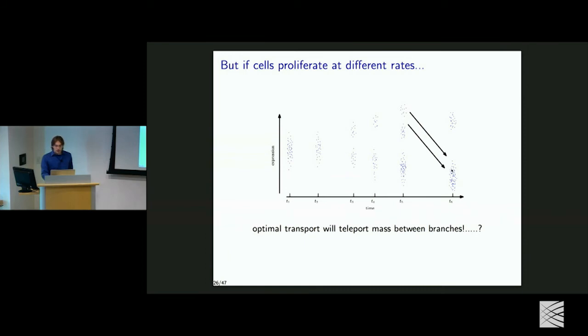So the bottom branch needs to take cells from somewhere in the standard formulation, and cells will teleport from the top branch to the bottom branch. This is not reasonable, because it's more reasonable to assume that cells don't travel very long distances. We allow the cells to grow so that they don't have to travel such long distances.